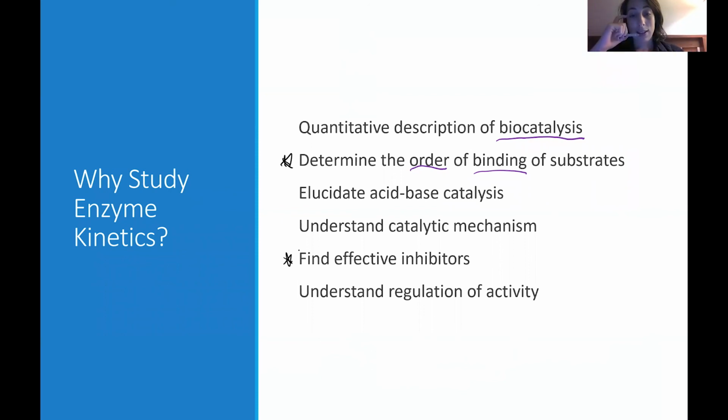So again, I gave an example in our live session about looking at an inhibitor for the COVID-19 spike protein binding. And I, based on data, said, do you think that this would be a good inhibitor for that spike protein? So this is the kind of data that you can get from enzyme kinetics.